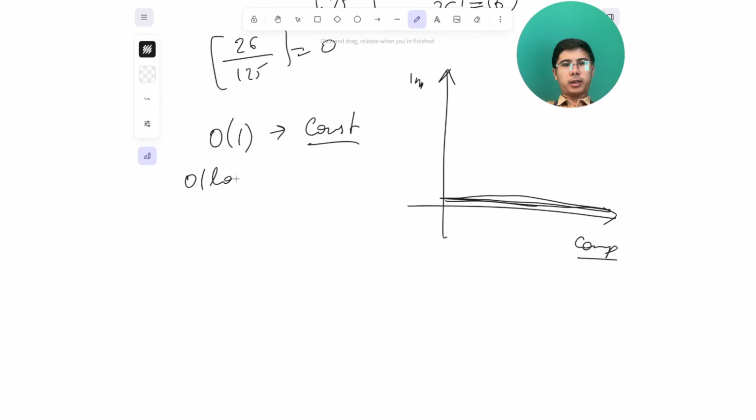Logarithmic time algorithms repeatedly eliminate a large portion of the search space at each step, such as binary search. We can represent it like this shape. We can see constant time, and the next one is square root time. Instead of checking up to n, the algorithm only checks up to the square root of n, commonly used for problems such as prime number testing.